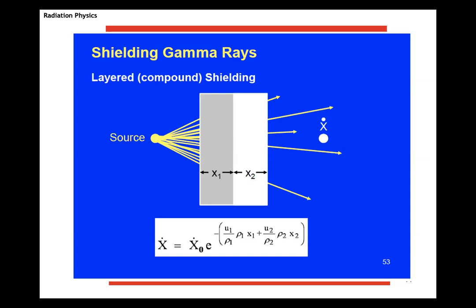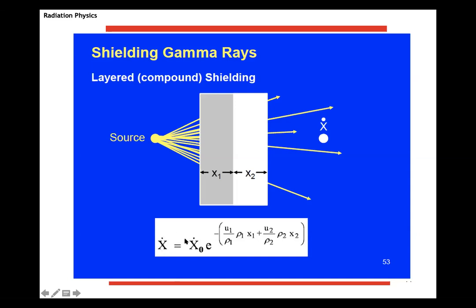Well, the solution is quite simple, because you see, X point is the exposure rate. If you remember, the exposure is the Coulomb per kilogram or Röntgen, so it's the charge produced per kilogram, and this is dx over dt, so it's the rate of exposure.